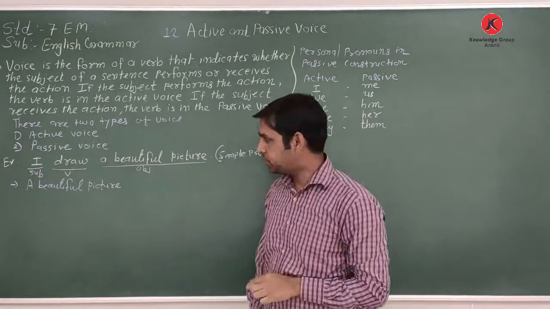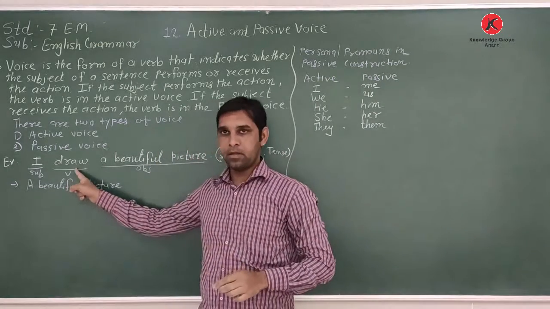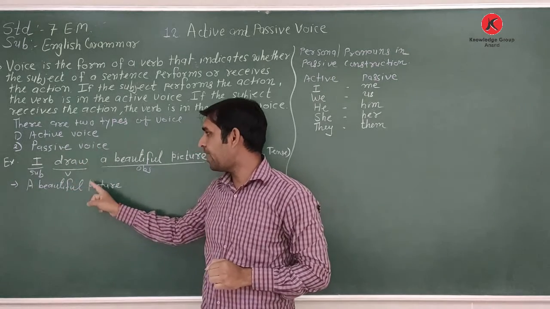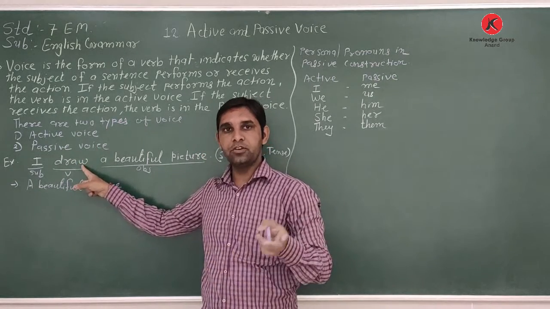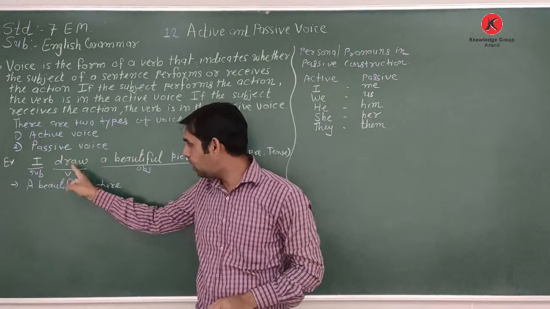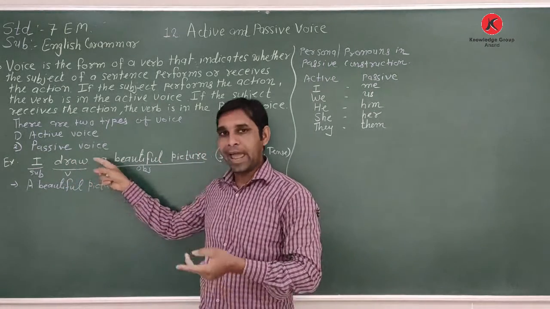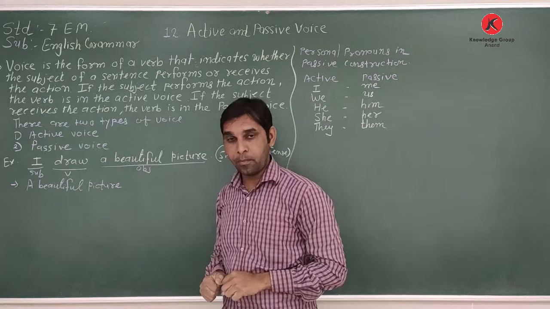Then comes the verb. Here the main verb is given, but when we change active into passive, the verb should change into the past participle of the verb given in the sentence.